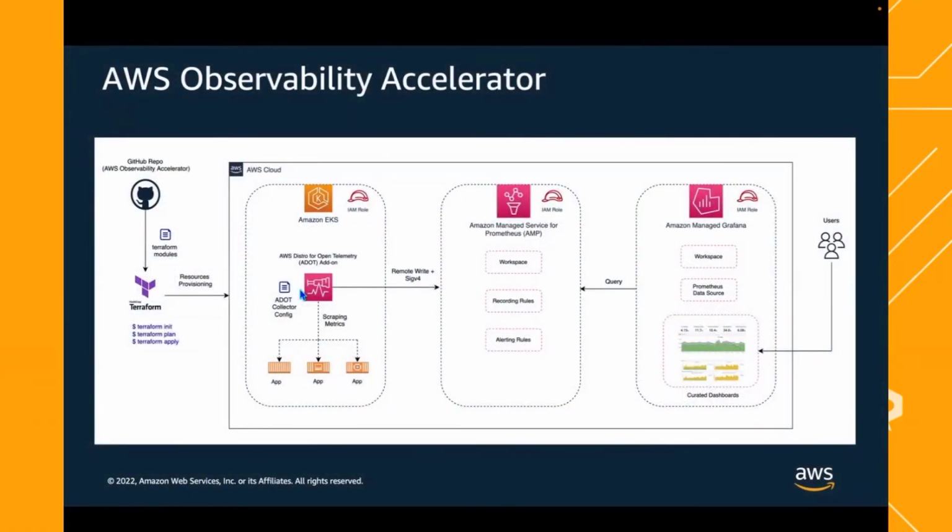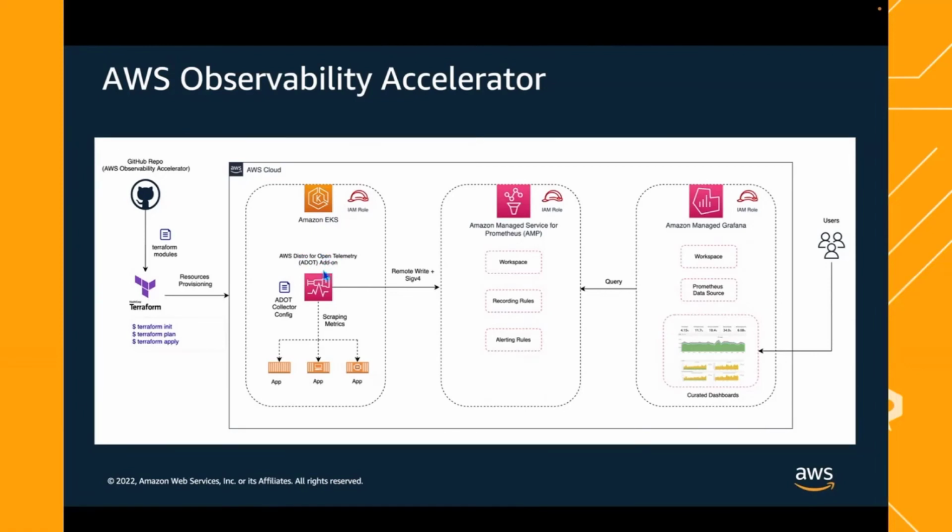In this slide, you can see all the different resources that the AWS Observability Accelerator is creating. We talked about the GitHub repo that we cloned and the Terraform apply command that I ran, and it uses Terraform. Once we run it, it deploys the AWS Distro for OpenTelemetry add-on on the EKS cluster.